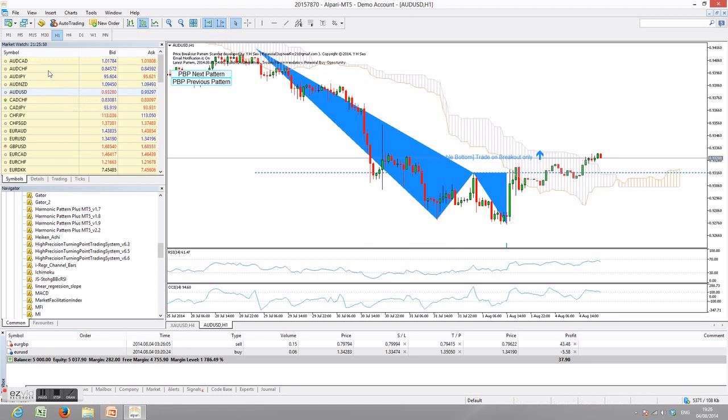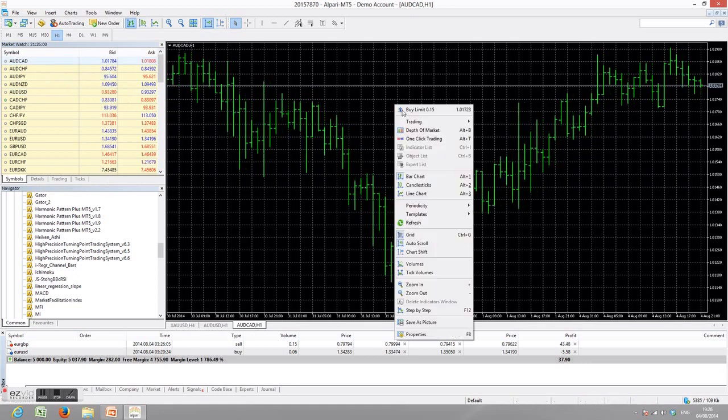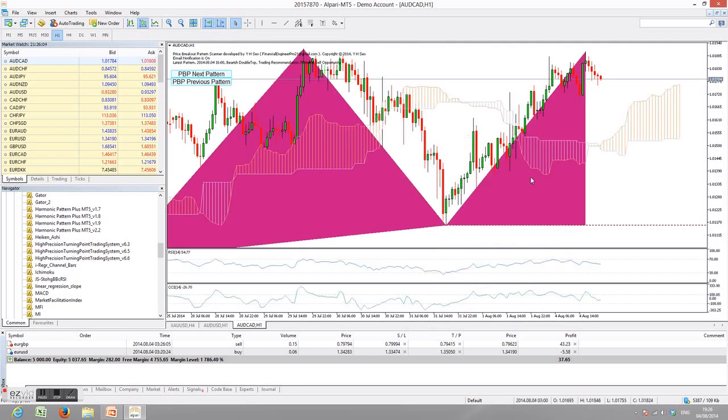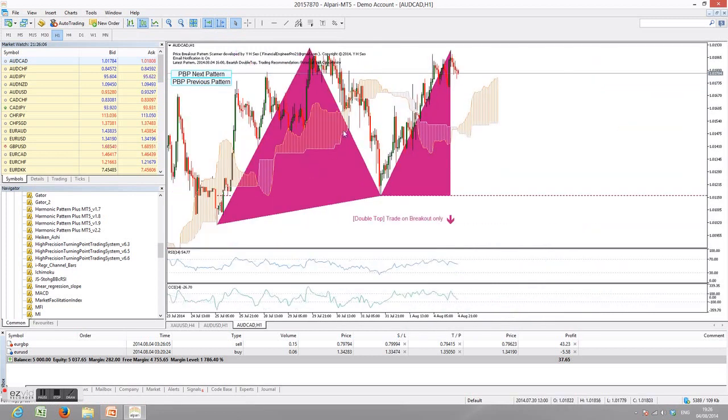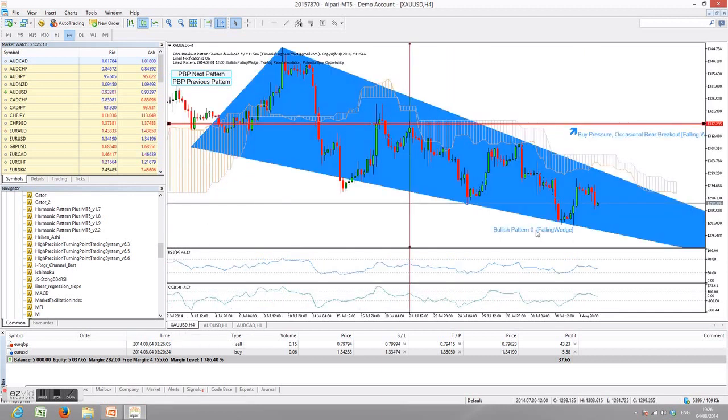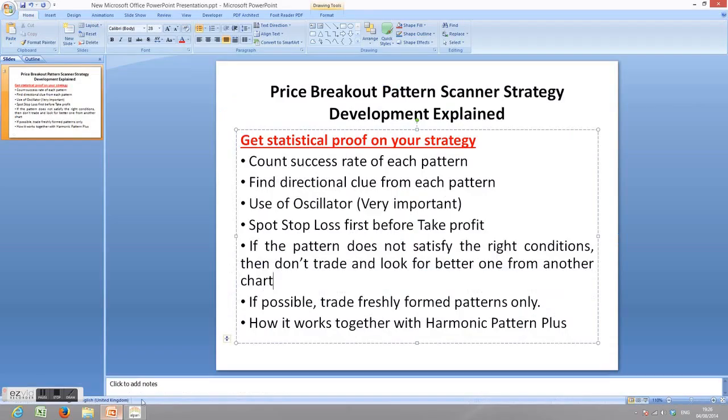If you open another chart and load the template, it only takes about 30 seconds, and it's a far clearer signal than this gold, right? So remember this principle: if the pattern does not satisfy the right conditions, then don't trade and look for a better one from another chart. This is a golden rule. Don't try to risk your money for something uncertain.